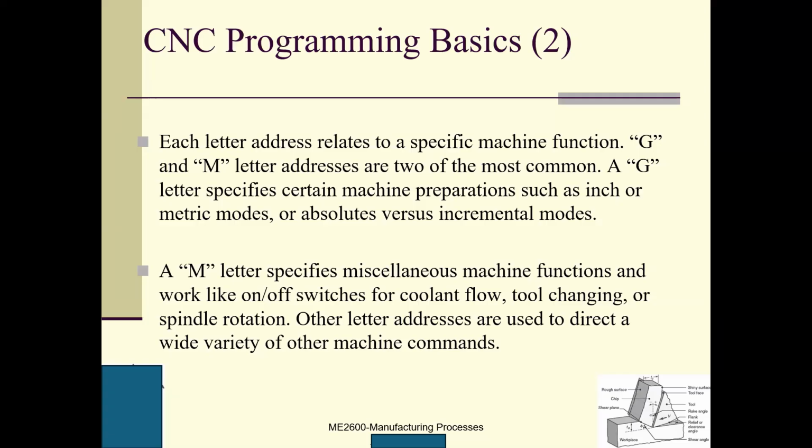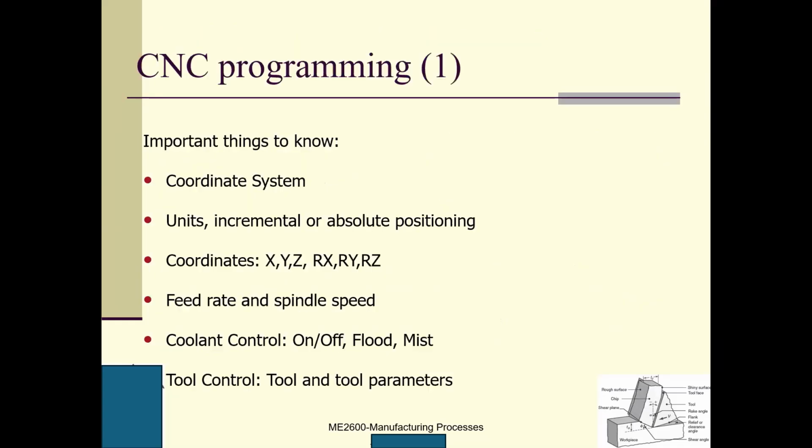The M letter specifies miscellaneous machine functions, like on and off switches for coolant flow, tool changing, or spindle rotation. Other letter addresses are used to direct a wide variety of other machine commands. Mainly G code and M code, so we should know that.